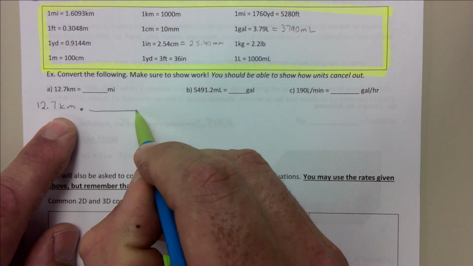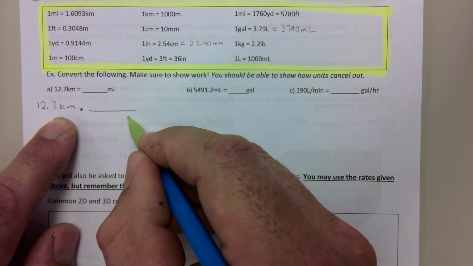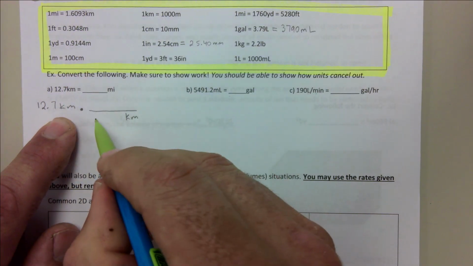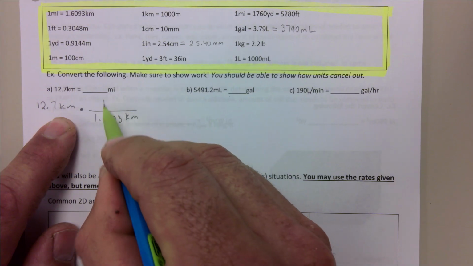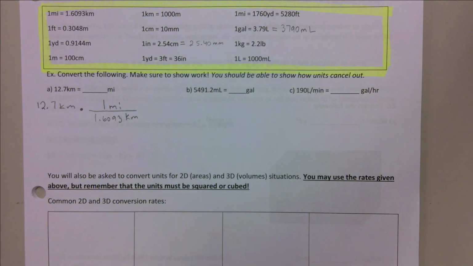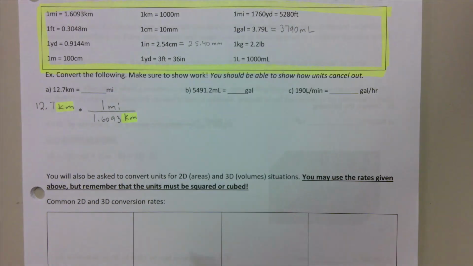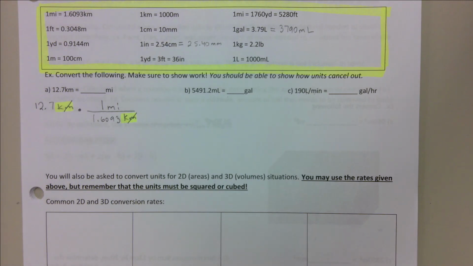We want kilometers to be in the denominator, correct? So we're going to put the 1.6093 down here and the 1 mile up there. Then, as you can tell, those kilometer units are going to cancel out, which is exactly what we want, and we're left with miles.